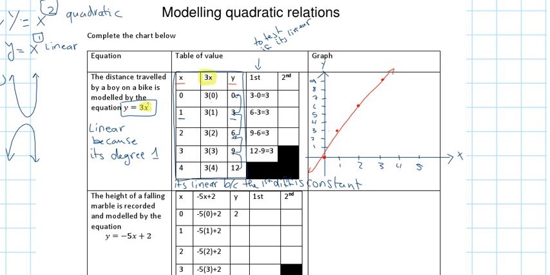So we know that this is a straight line because it's a linear function. And linear functions, they're going to have a straight line. Are we okay with this? I'm going to give you time to graph this.